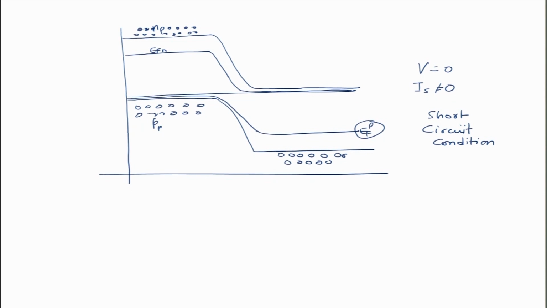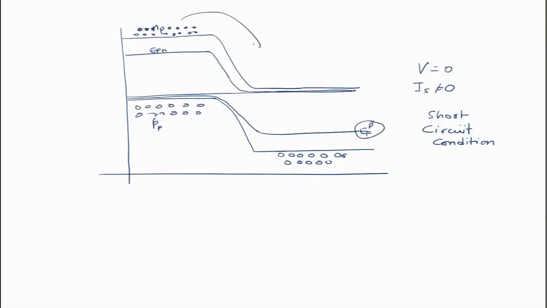So now you can see that if there are a lot of electrons on this side, they can jump from here to here. Similarly, if there are a lot of holes on this side, despite having a diffusion gradient, despite having more holes on this side, there is a driving force because of the splitting of Fermi levels, which produces an inbuilt force for these holes to migrate from this side. So electrons will come this side, holes will go this side.